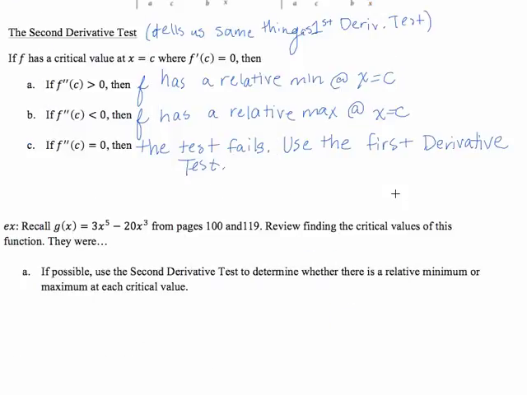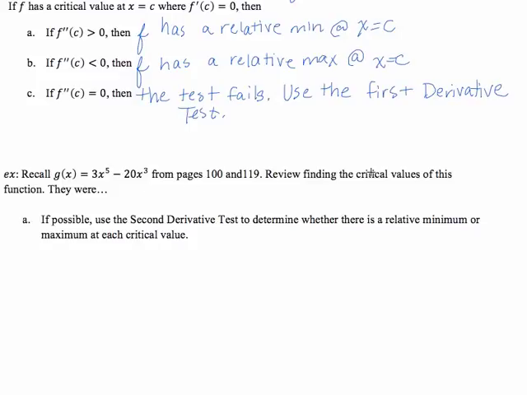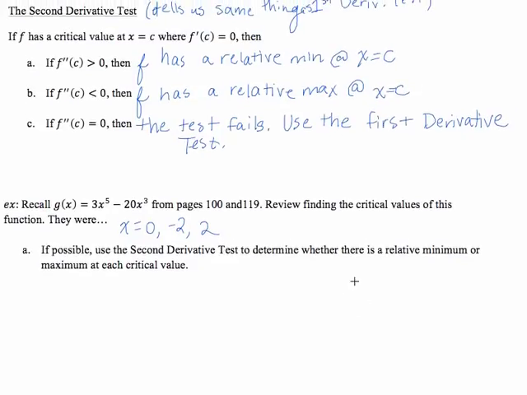Okay, so the critical values are 0, negative 2, and positive 2. What we're going to do is use the second derivative test to determine whether there is a relative minimum or maximum at each of those critical values. And we do that by plugging each critical value into the second derivative. So we need the second derivative.